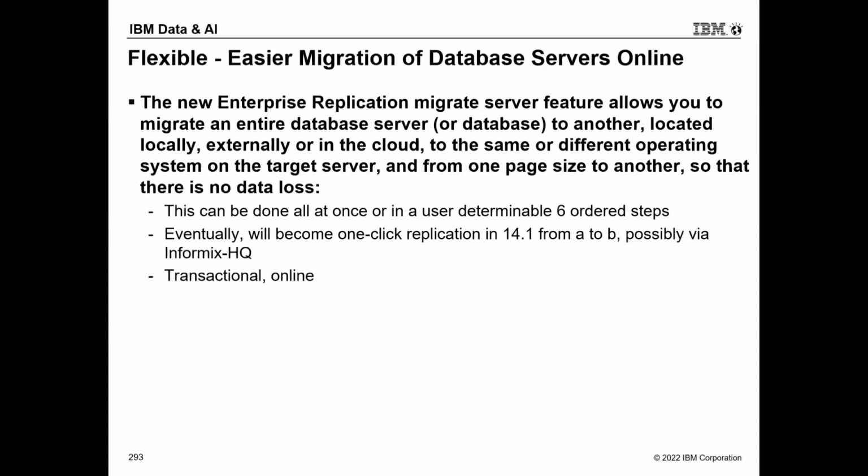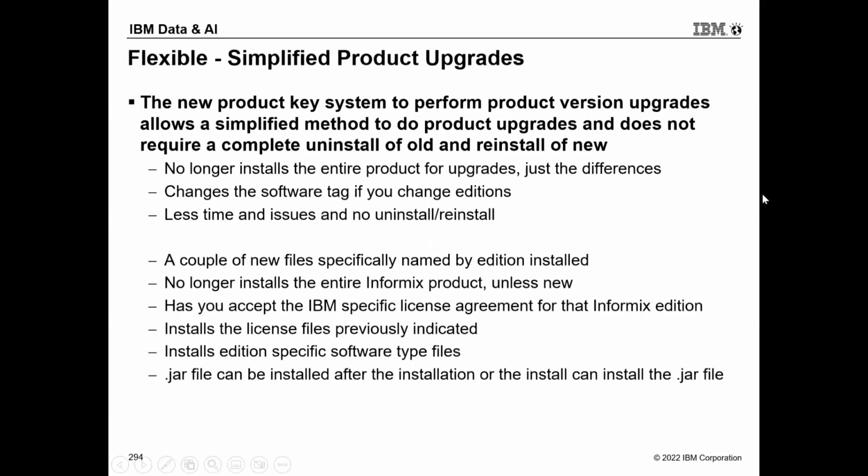This can all be done at once or in a user-determinable 6 ordered steps. Eventually, this will become one-click replication at some point in the future, because it hasn't happened yet in vNext. It hasn't happened yet in version 14. It is transactional and it is an online data movement.